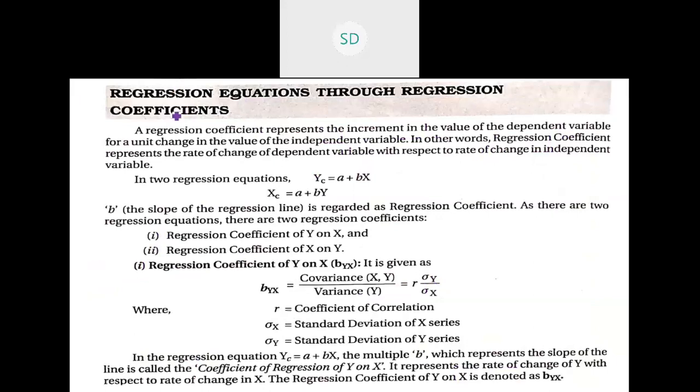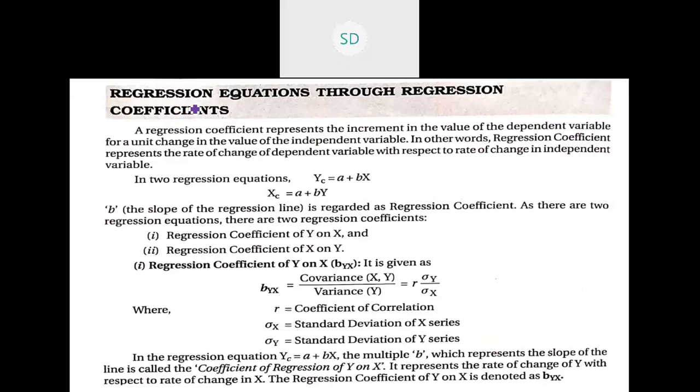Okay, now next one is regression coefficient. What we learned until now is the basic regression values that we have to find. But in many cases we will also have to find the regression coefficients. This will be the relative measure for the regression.